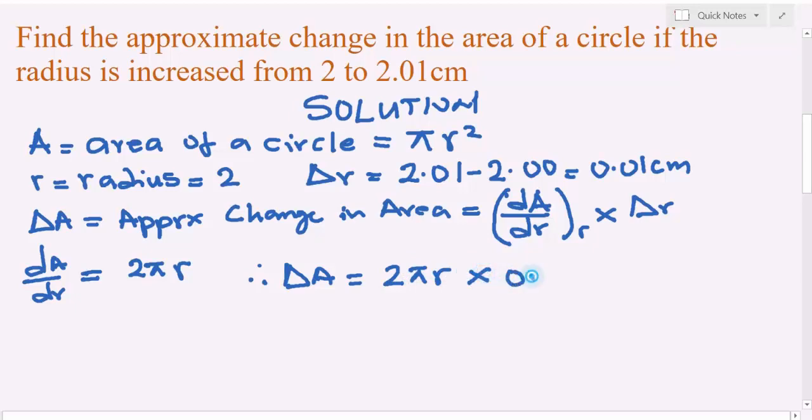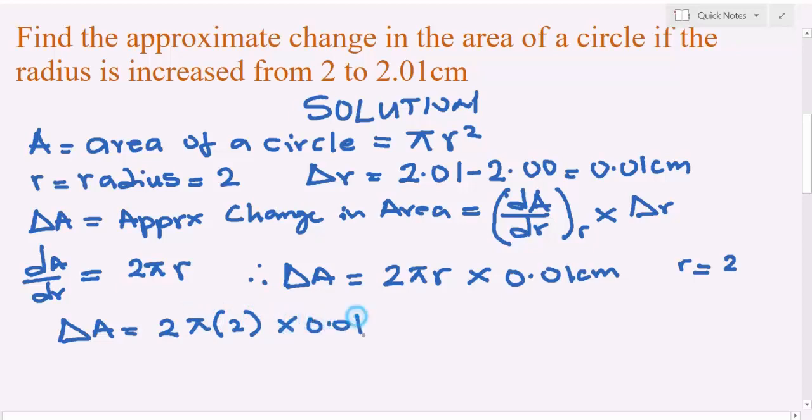times 0.01 centimeter. Recall that our R is equal to 2. So we substitute 2 for R. We have delta A is equal to 2 pi into 2 times 0.01 centimeter.